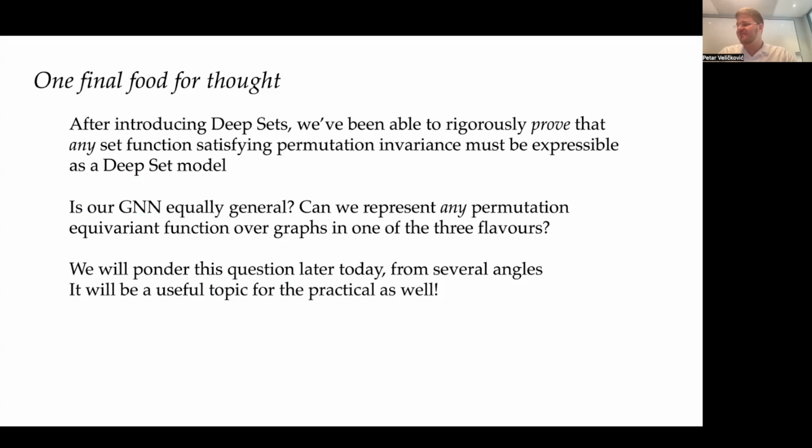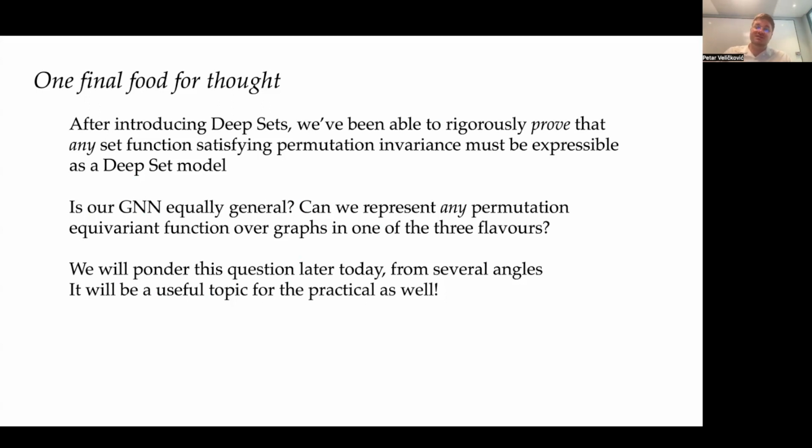And before we dive into some of the more advanced topics of today's lecture, this was just to show you a very high-level concrete implementation of one particular expressive graph neural network. But now we're going to move on to some more advanced topics. And before we do that, I want to give you just one last thing to ponder.